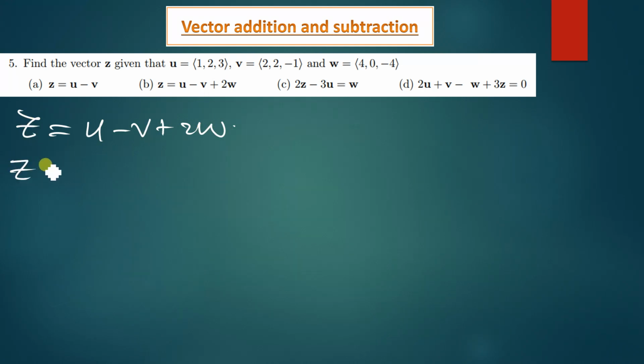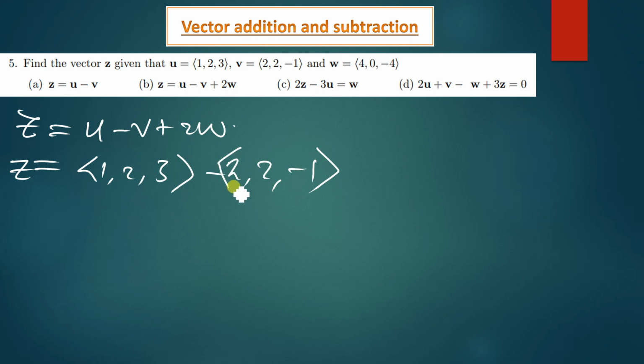So z is equal to u, which is (1, 2, 3), minus v, which is (2, 2, -1), plus 2w. We're just multiplying 2 times w, which has been given as (4, 0, -4).